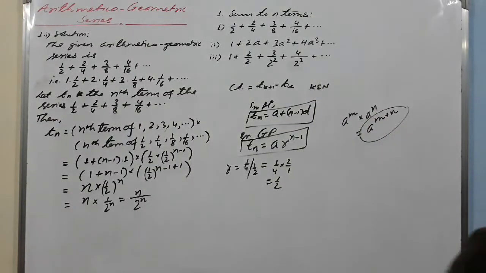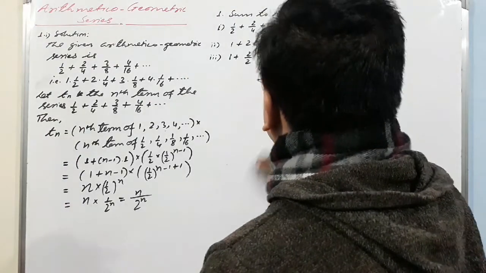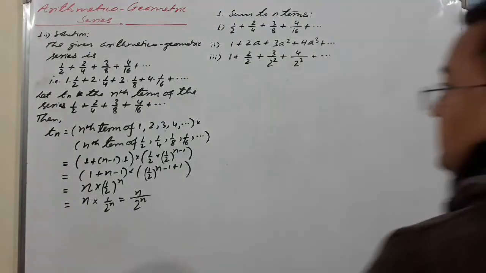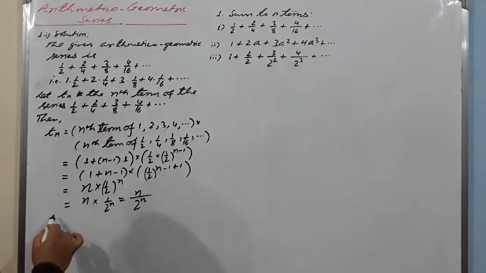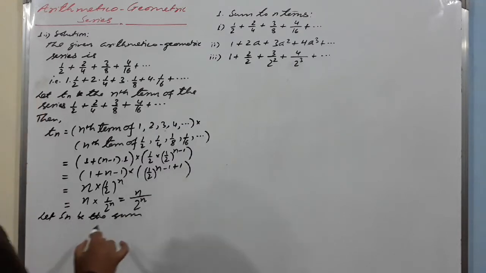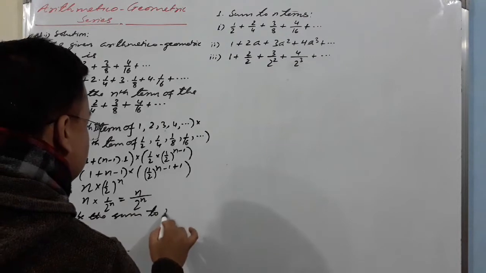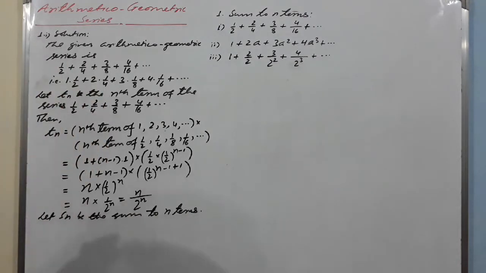Now let's move into the next step. Now how to find out, okay, right? So which method we are going to apply here. Next step, let Sn be the sum to n terms, or sum of first n terms also you can write down, and then you can write down like this way.